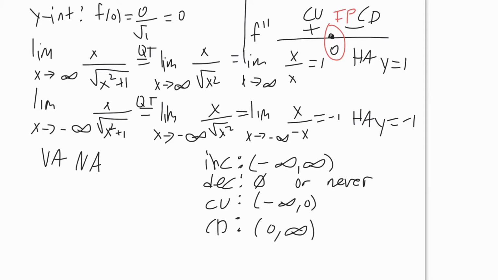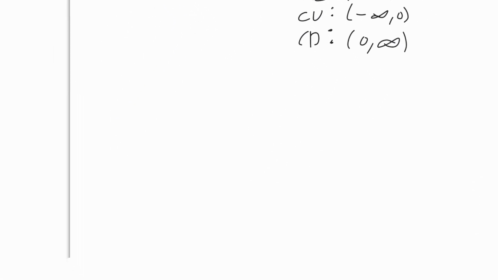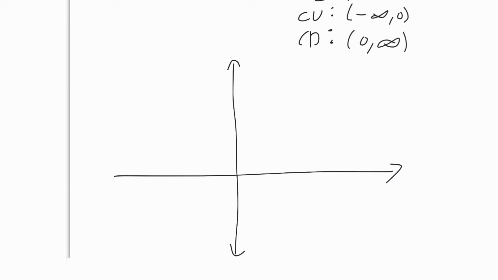So let's go ahead and draw this graph. So we know there's going to be a point at (0, 0). (0, 0) is an inflection point.